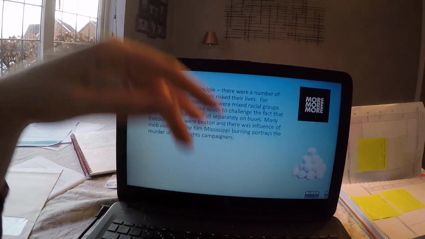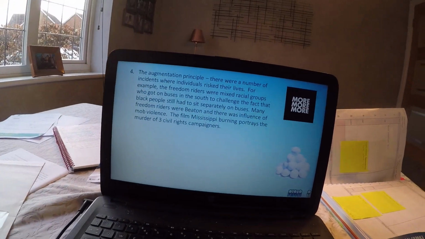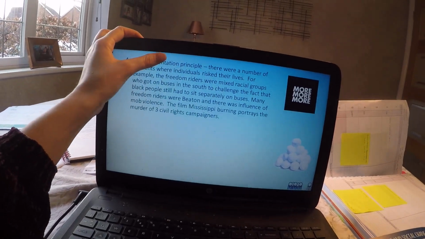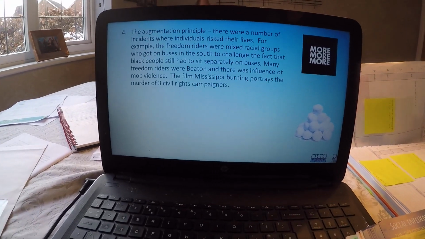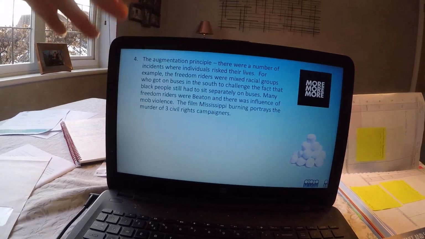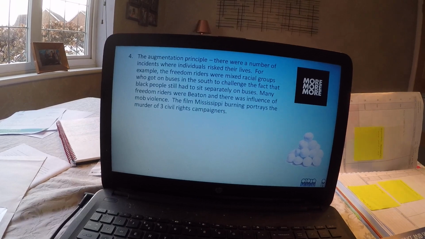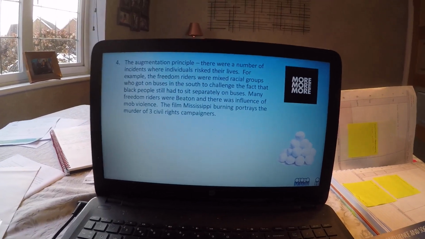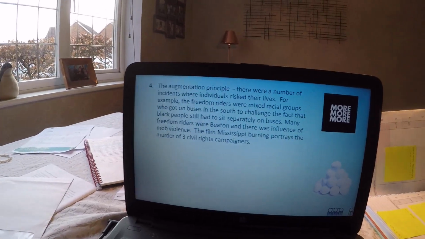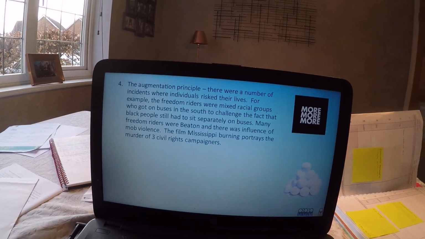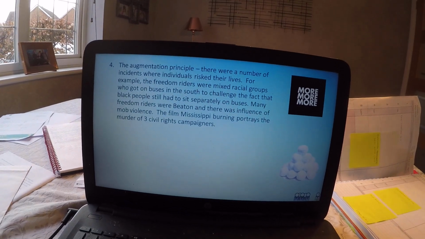So, more. The augmentation principle. Remember, last lesson, we looked at this word. Augmentation means to make things bigger. Do not type it in on Google, although you're probably going to type it in now. Anyway, there are a number of incidents where individuals usually risked their lives.